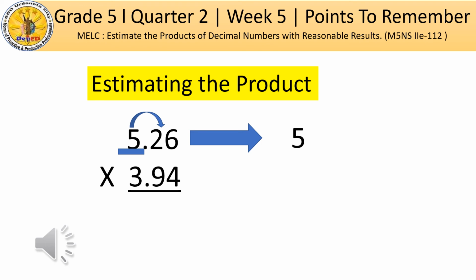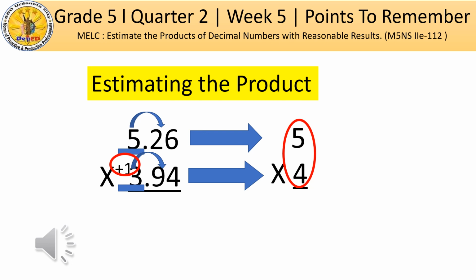Find the greatest place value by looking again at the digit at the right. If it is a lower number, the rounded factor will remain. And if it is a higher number, add 1 to the rounded factor. Then multiply the two factors that are already rounded off to get the estimated product.